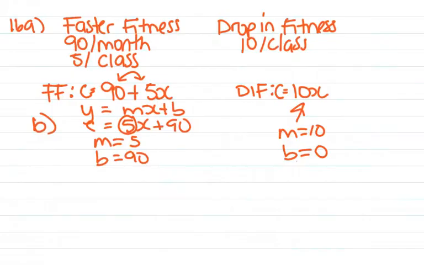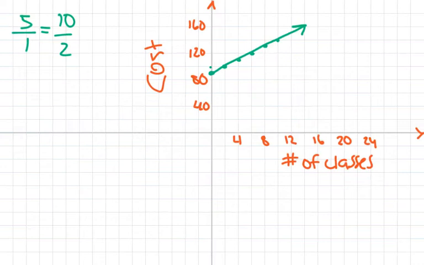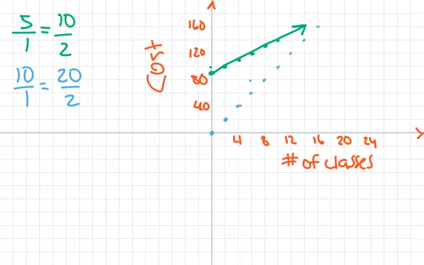And then for the other one, I start at 0 and I just go up 10 for each one. So that means I go up 20 for 2. So up 20 over 2, up 20 over 2, up 20 over 2, and so on. Continue that line.